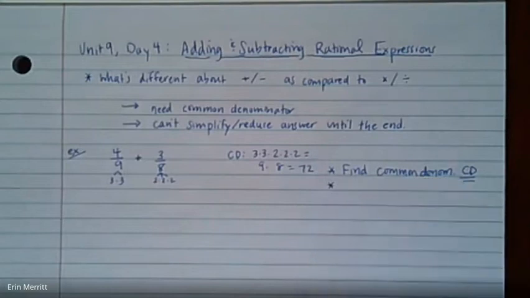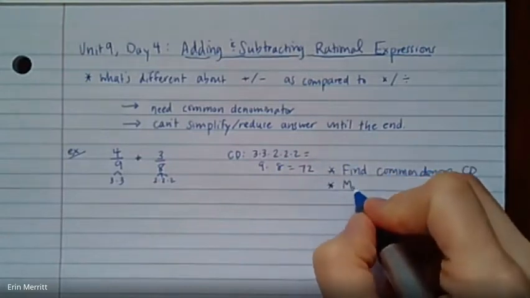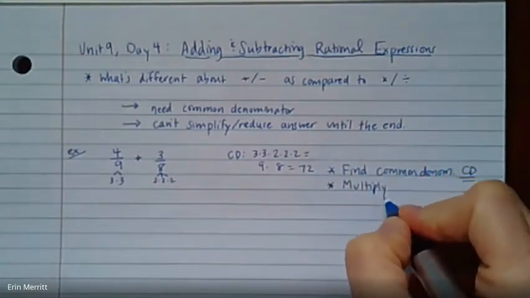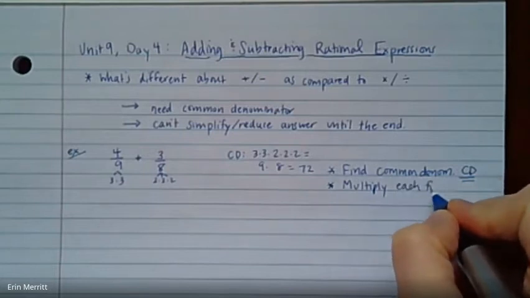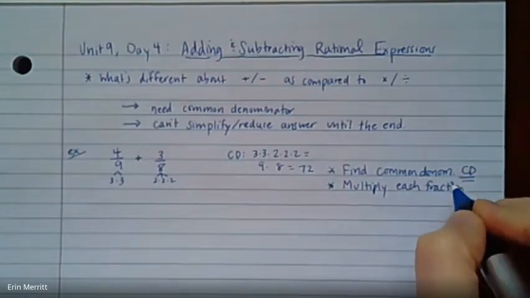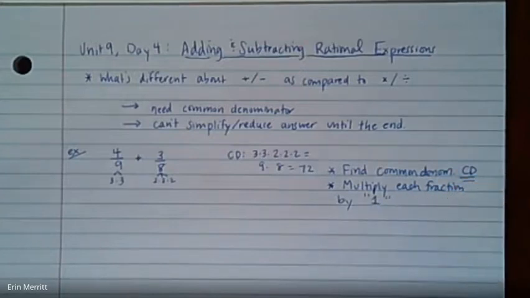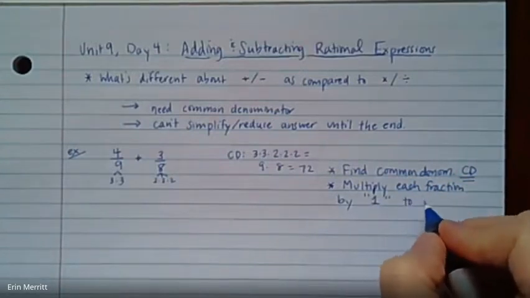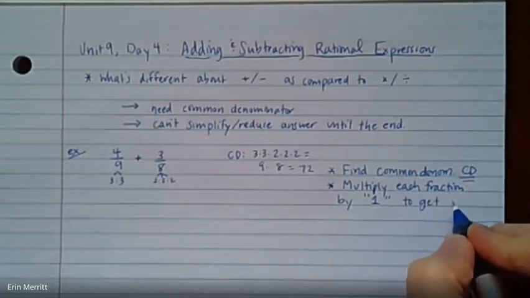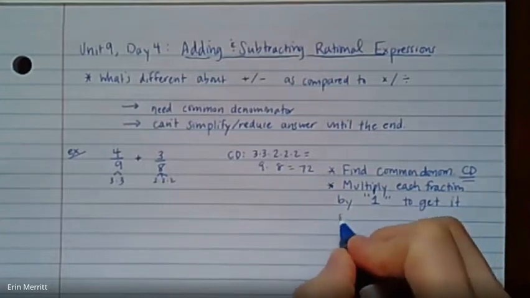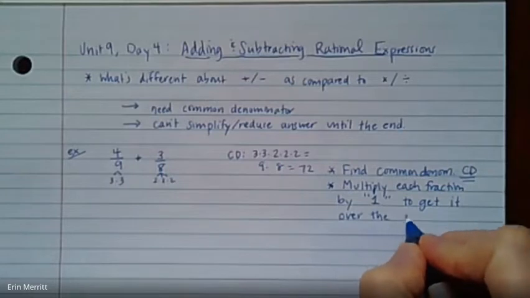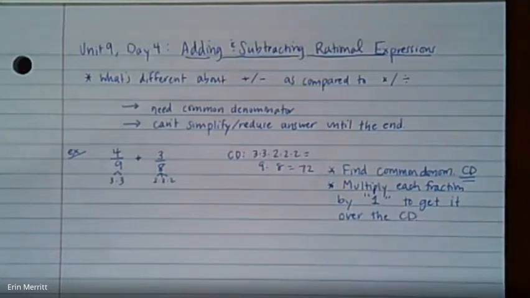From there, once we figure out what our common denominator is, we're going to multiply each fraction by a form of 1 to get it over the common denominator.